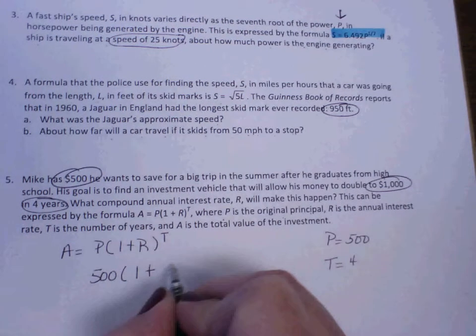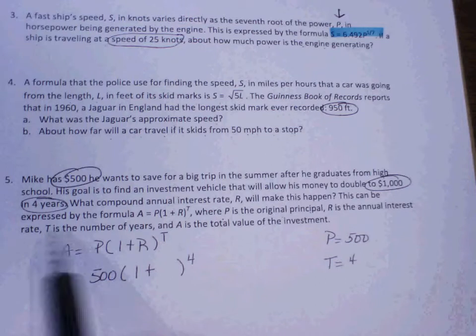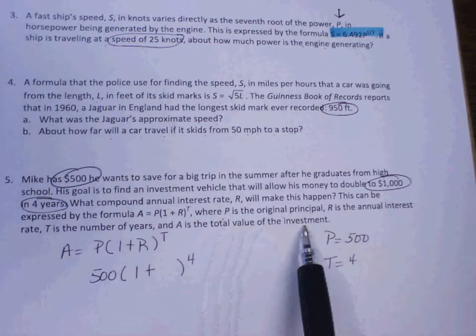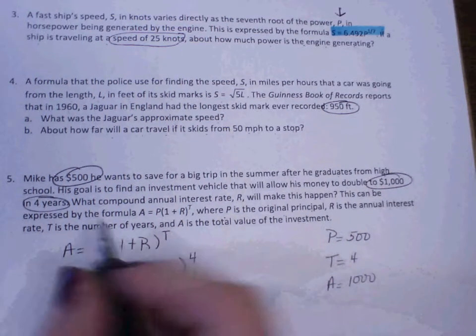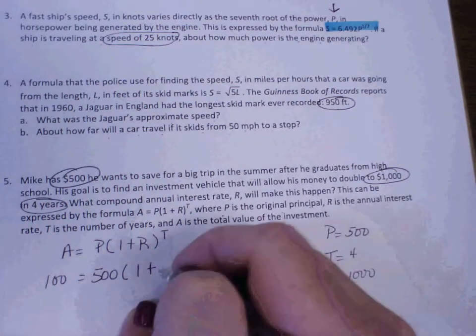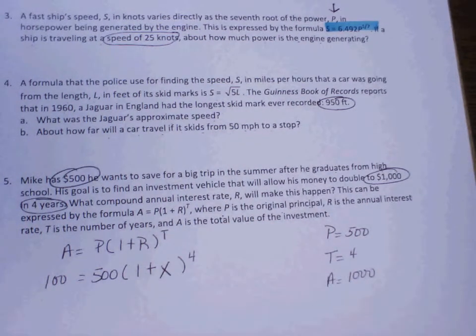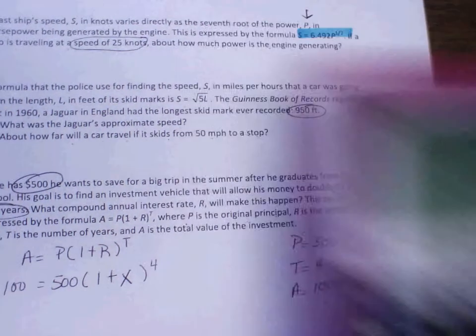T is the number of years. So what is T? 4. I don't know what R is, but I do know that the time is 4. And A is the total value of the investment. So what's the total that he wants? 1,000. So this should be equal to 1,000, which means what is R?